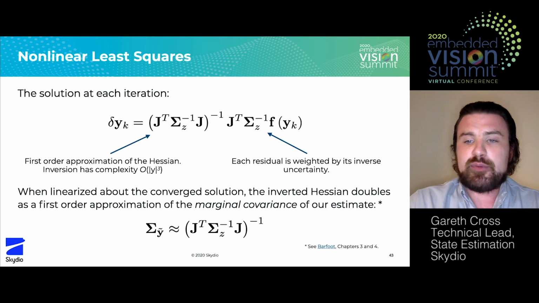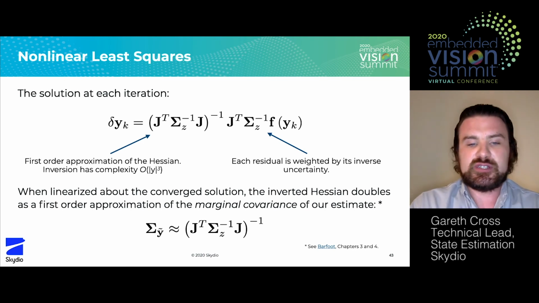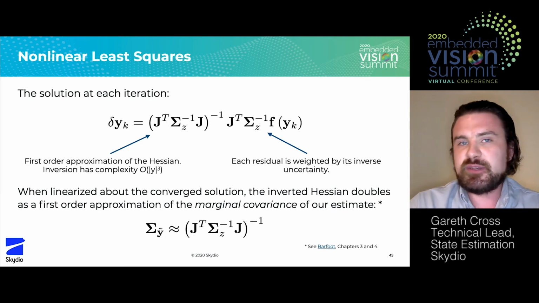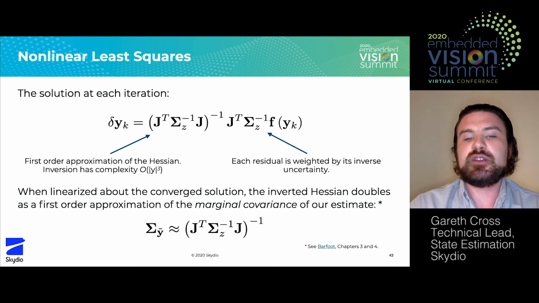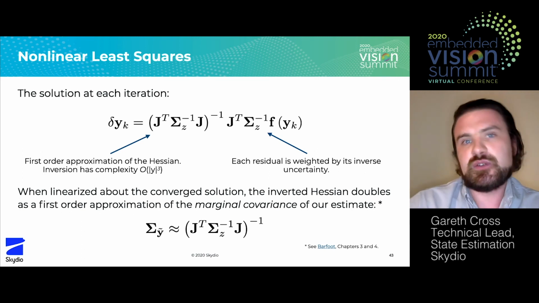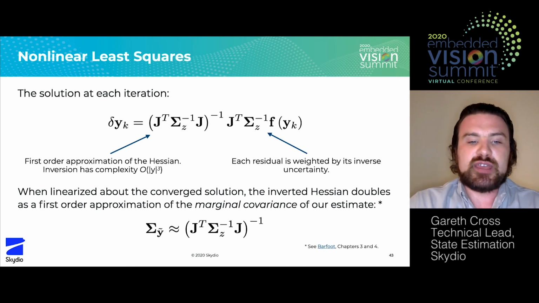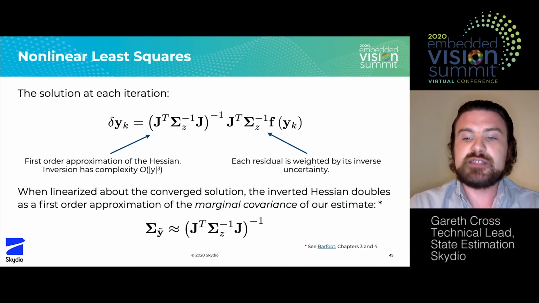And then as a nice byproduct of this, when you linearize about the converged solution, that first order approximation of the Hessian is itself an approximation of the covariance in your estimate. So in addition to getting a solution, you also get an approximate estimate of the uncertainty in that solution. That's a property that can be quite useful if you want to get a sense of how good a particular solution was.